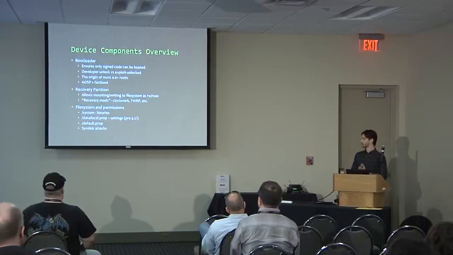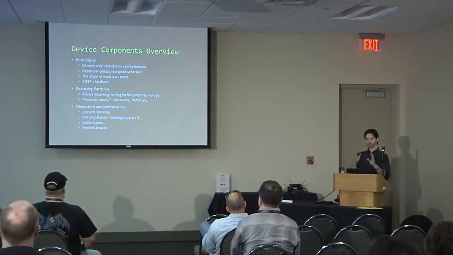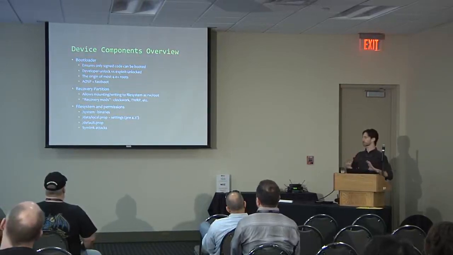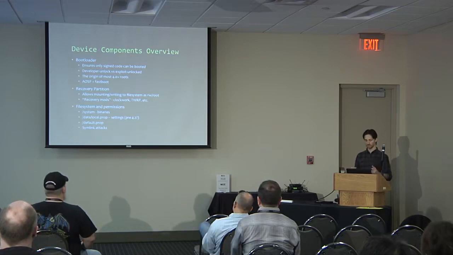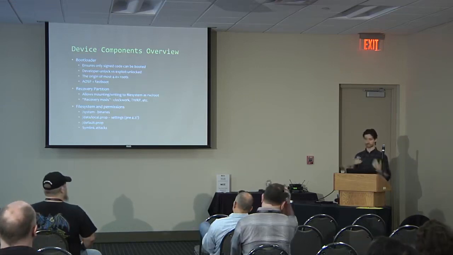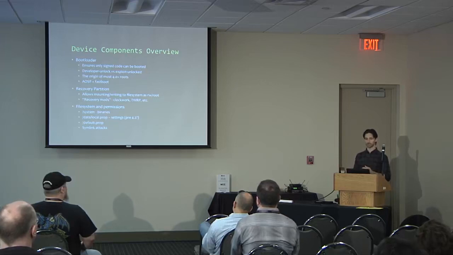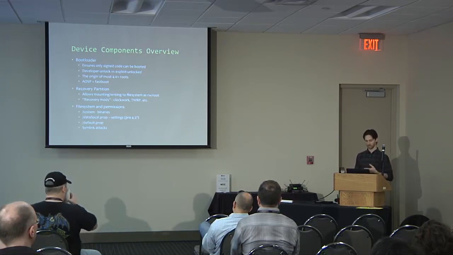Some background on device components, just so that we can cover how the devices are actually rooted. The first part is the bootloader. That's the first thing, the code that gets loaded when you turn on your device. Its main job is to, well, first boot your device, but security-wise, to ensure that only secure, signed code can be booted. That's signed either by the carrier in some cases or the OEM.